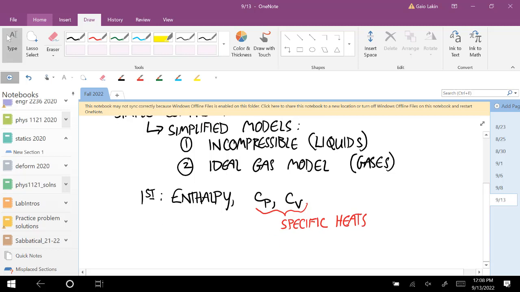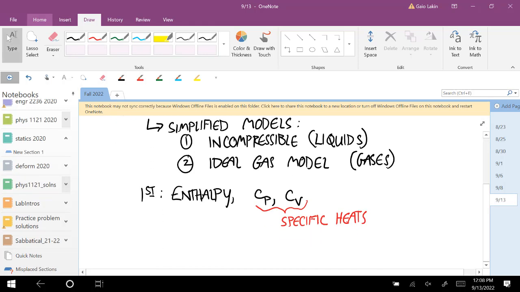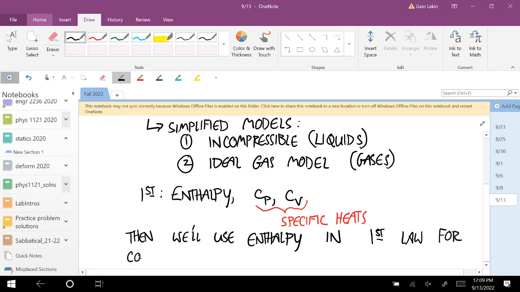But enthalpy is not going to really be useful to us until we go from these fixed amounts of material to control volumes. So I don't think we're going to get to this today, but we'll use enthalpy when we talk about the first law for control volumes.